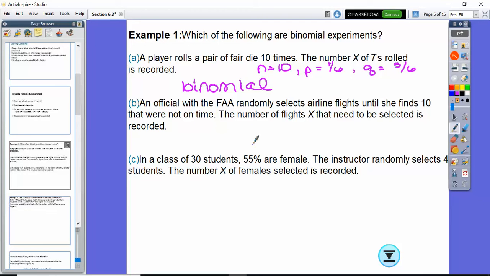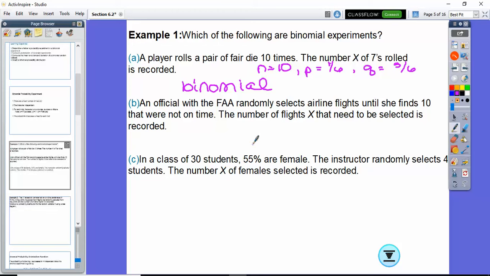Alright, next one. An official with the FAA randomly selects airline flights until she finds 10 that were not on time. The number of flights that needs to be selected is recorded. So, first requirement, there has to be a fixed number of trials. She's just going to go until she gets 10 that were not on time.